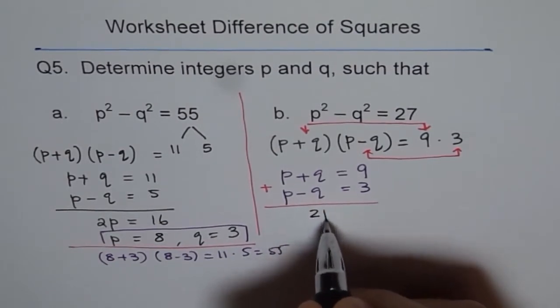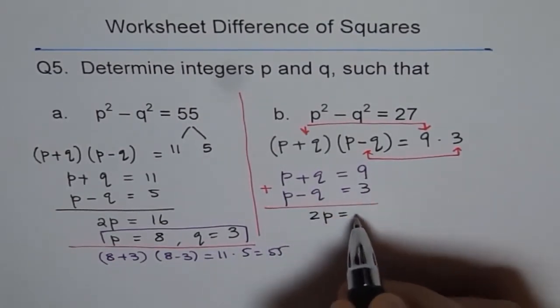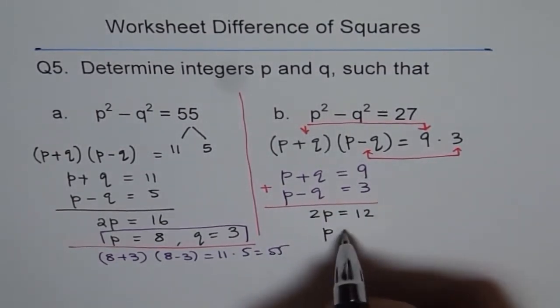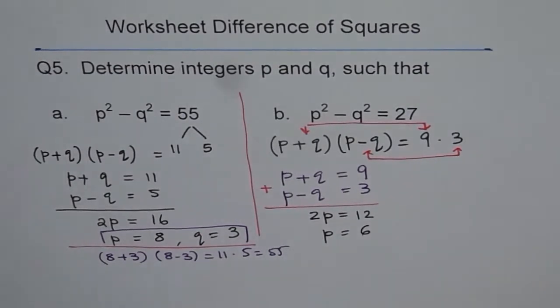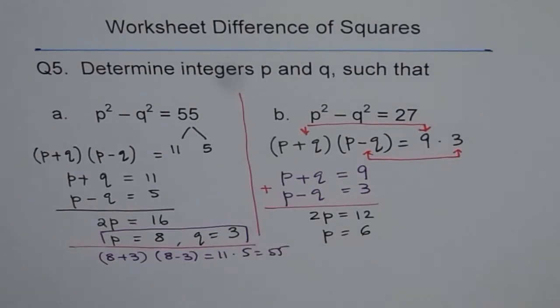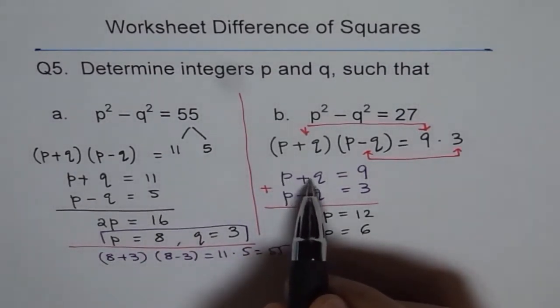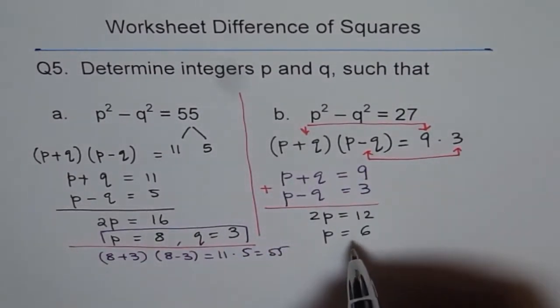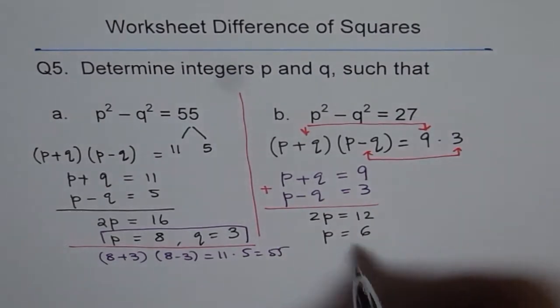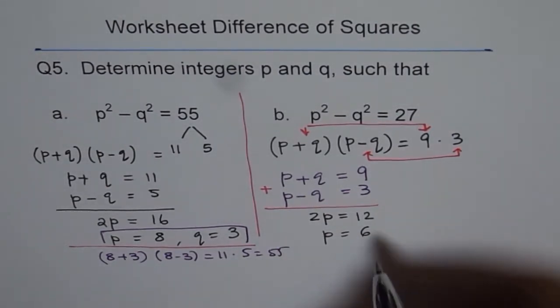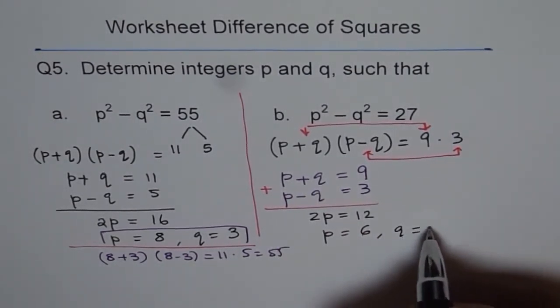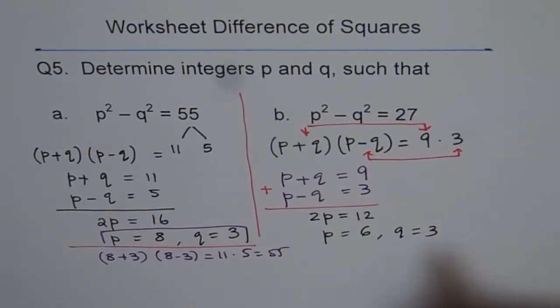So you get 2p equals 9 plus 3 as 12, and therefore p equals half of 12, which is 6. Great. So we know p is 6, right? And what added to 6 will give you 9? That's the value of q, and that should be 3, right? So we get q equals 3. Great. So that gives us both the values.